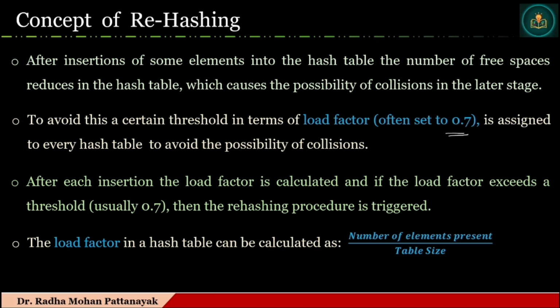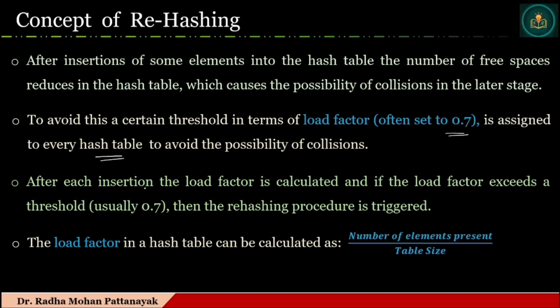To avoid this, a threshold value in terms of load factor is assigned to every hash table, and by default the threshold value is considered as 0.7.